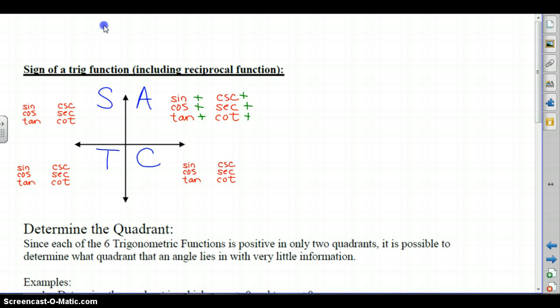In the second quadrant, sine is guaranteed to be positive, and cosine and tangent were already guaranteed to be negative. What happens to the sign of a number when I turn it upside down? When I invert it, when I reciprocate it? Does it change from negative to positive, or does it stay whatever it was?